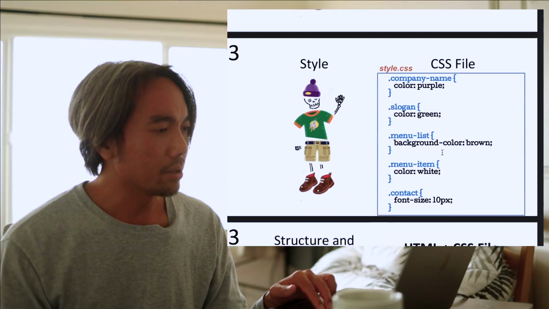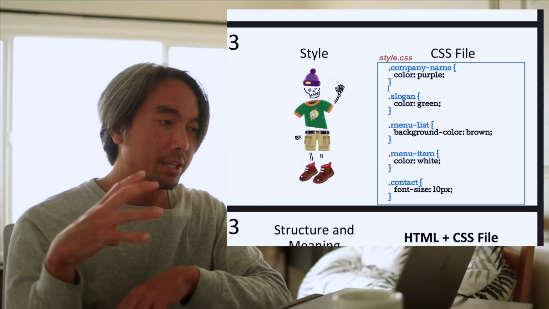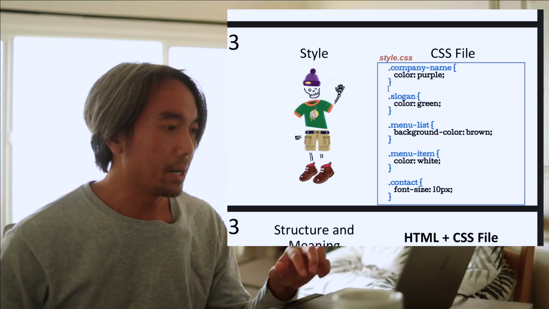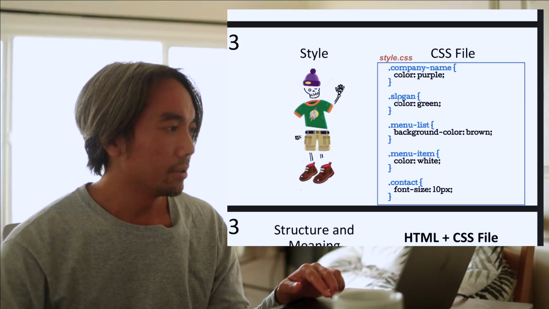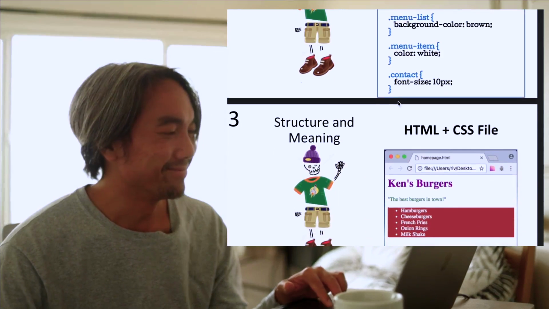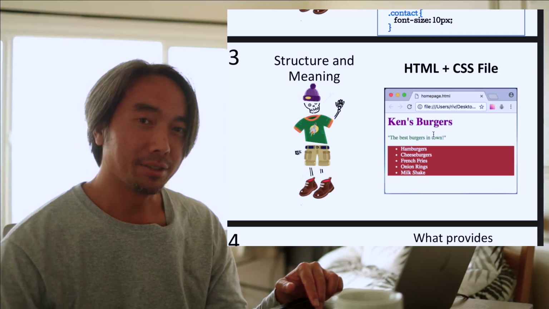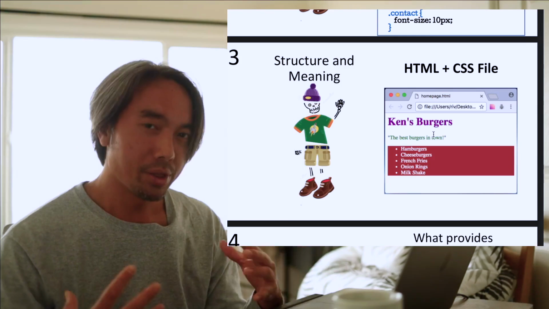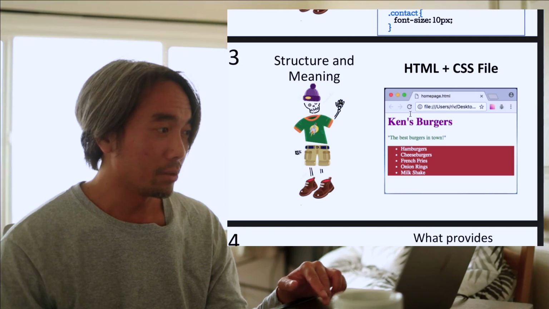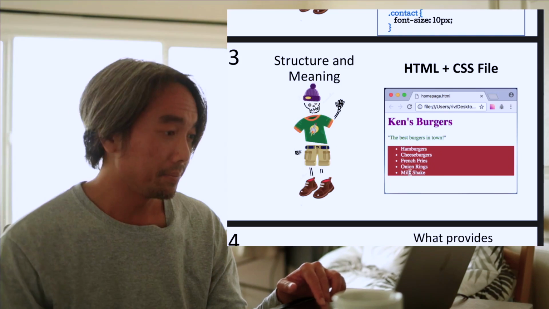But for now, just know that we can hook onto that and put styles on top of each element, like we're putting a hat on my head or a shirt on my body. Okay, so once you have a CSS file and you load it with your HTML into the browser, then you'll see that your web page will begin to have some style, as you can see here.